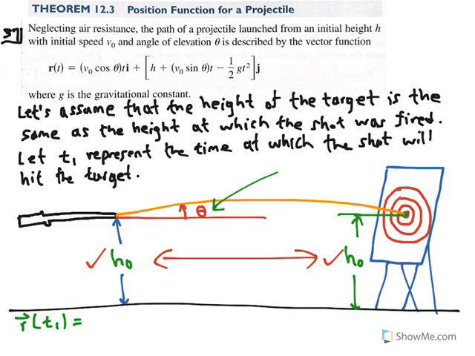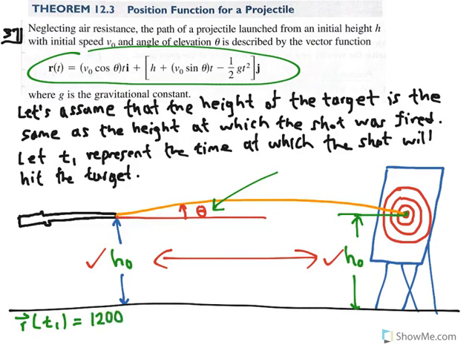r of t sub 1, the position of the bullet at the time it hits the target, will be equal to, using the position vector, v naught, the initial speed, which in this problem is known to be 1,200 feet per second, times cosine of theta, and we're looking for the angle at which the shot needs to be fired, so that's unknown, times t sub 1, i, because we're writing this position vector for the time at which the bullet will hit the target.